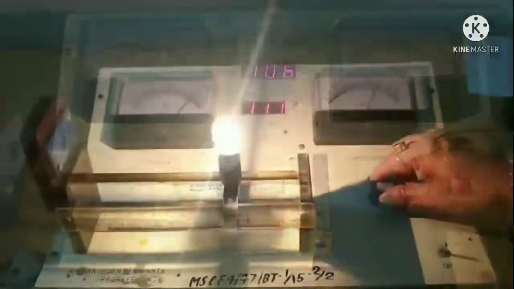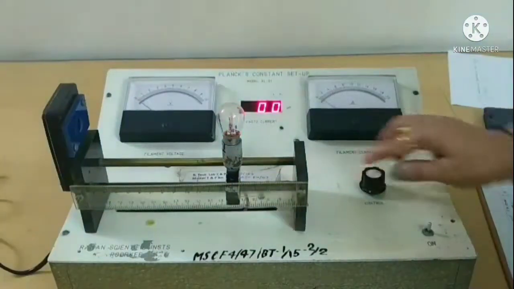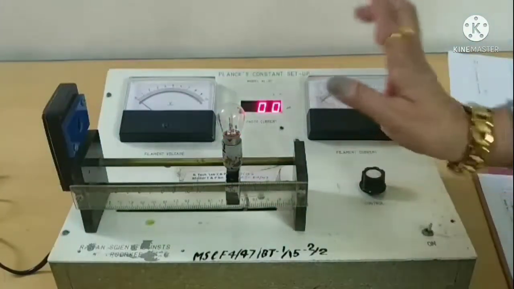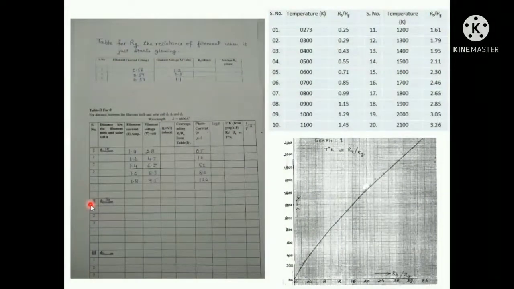Before switching off the setup, we must ensure that all the knobs are at the minimum position. Now let us see the calculation and observation part of it.